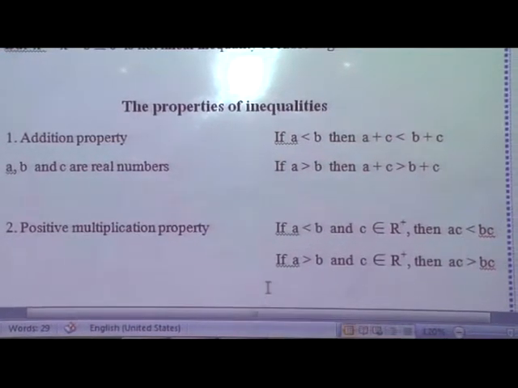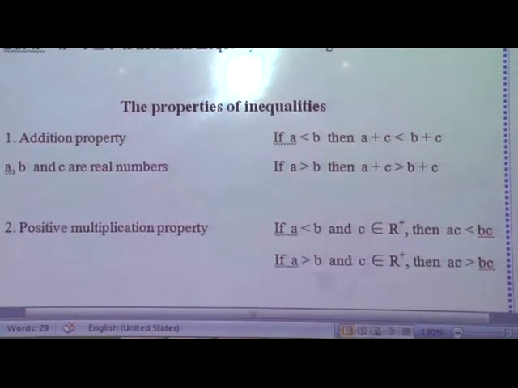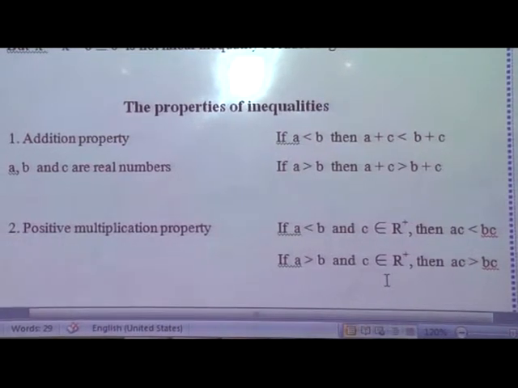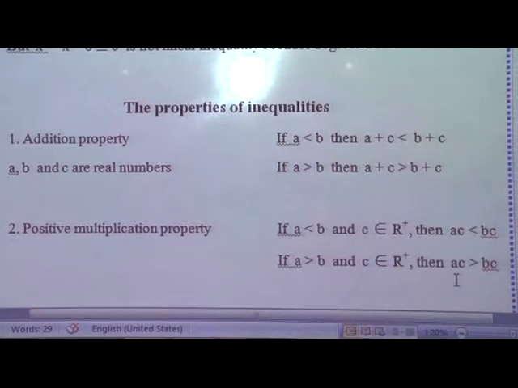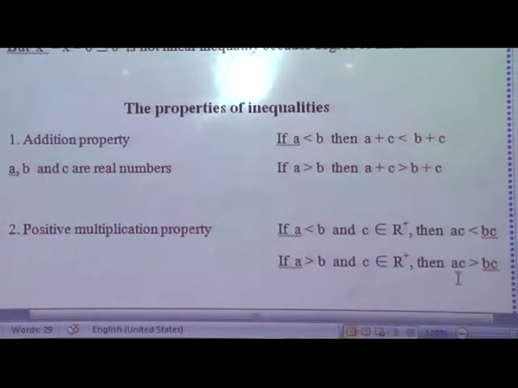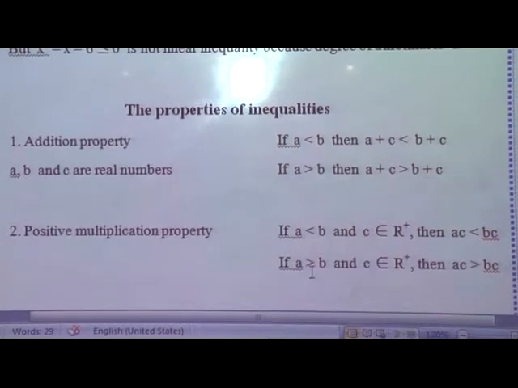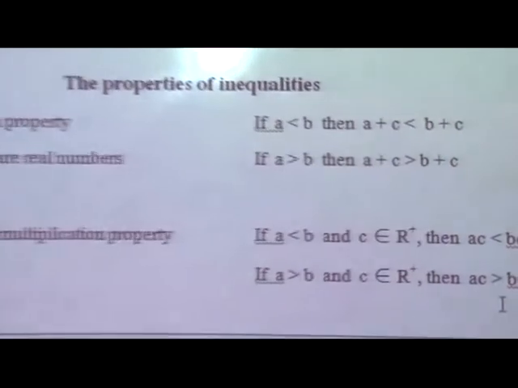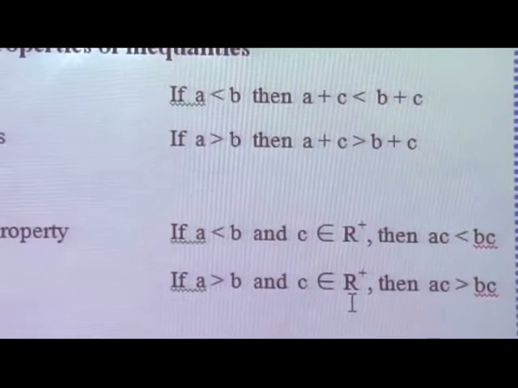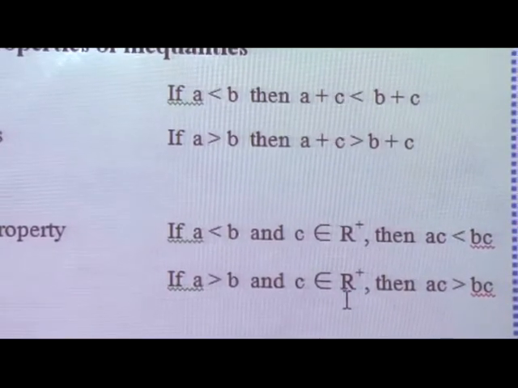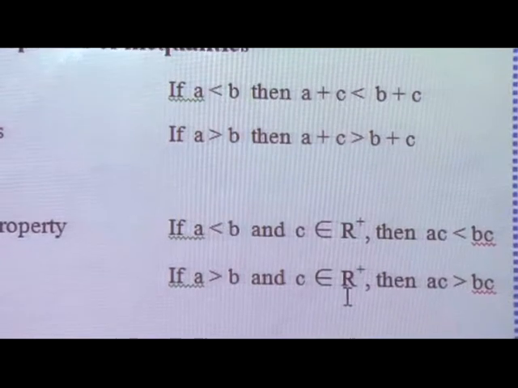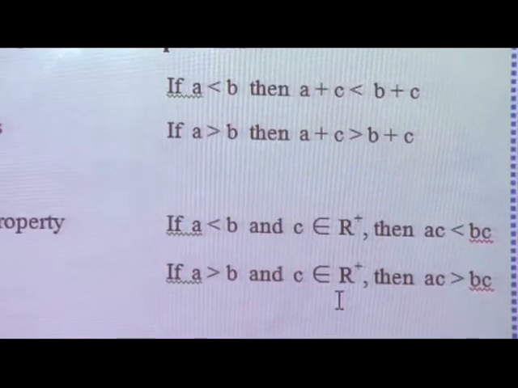If A is greater than B and C belongs to the positive real numbers, then AC is greater than BC. Take a look: this is greater than, this is greater than. Because there is no difference when we multiply by a positive real number.